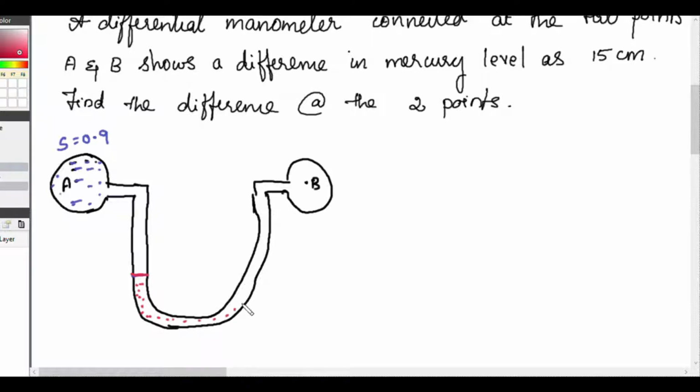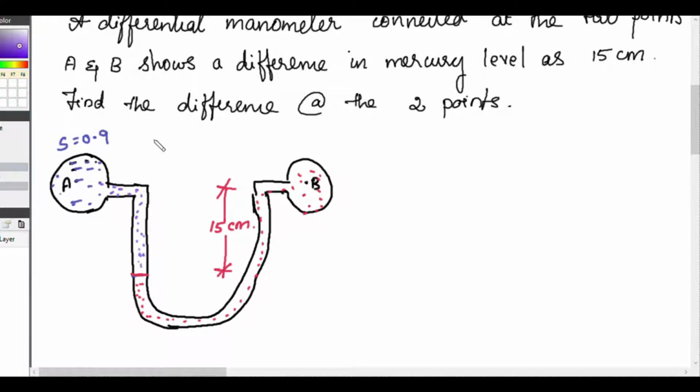That means, see, this is the level of mercury. This is the mercury. Now the difference in the level of mercury, this distance is 15 centimeter. So this is our oil. Up to this we will have oil.